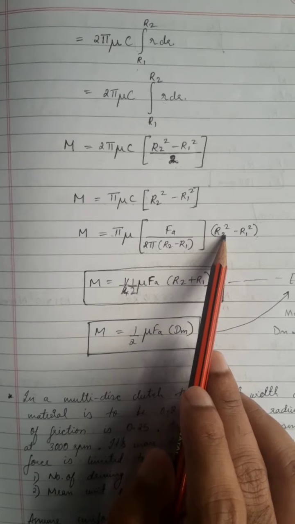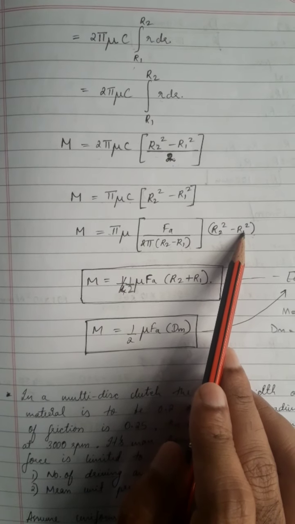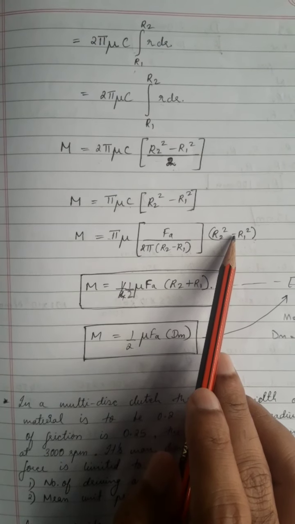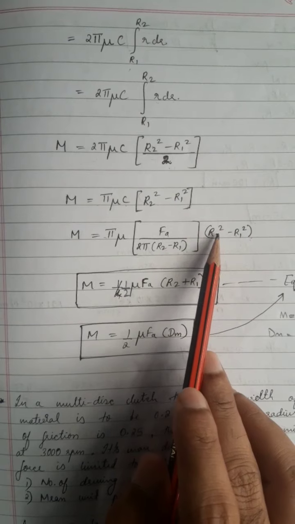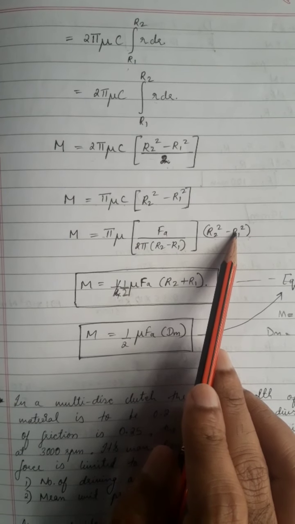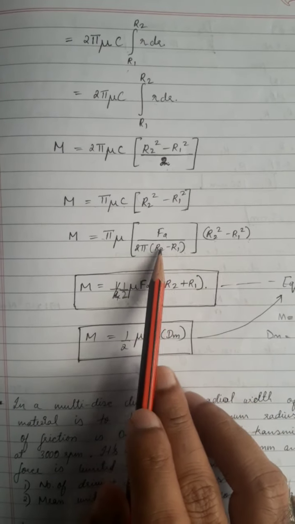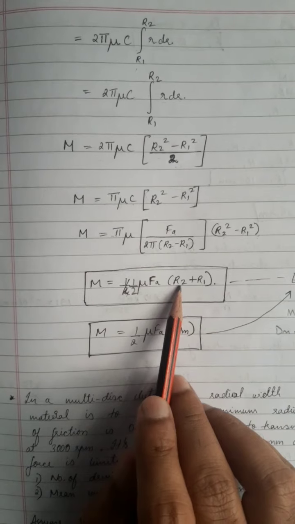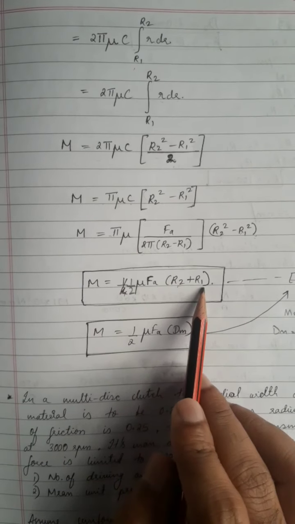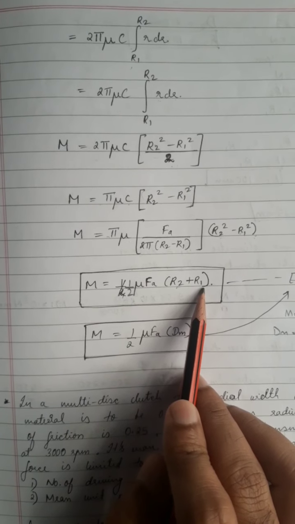Here r2 square minus r1 square can be written as (r2 plus r1) into (r2 minus r1), just like a square minus b square can be written as (a plus b) and (a minus b). Therefore r2 minus r1 and r2 minus r1 will get cancelled, and we are left with r2 plus r1.